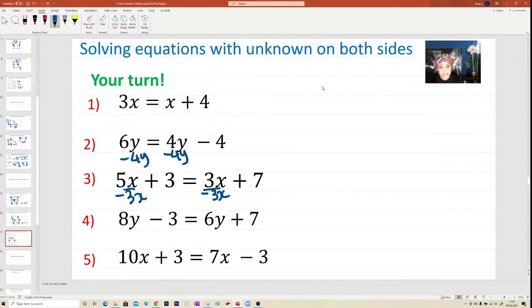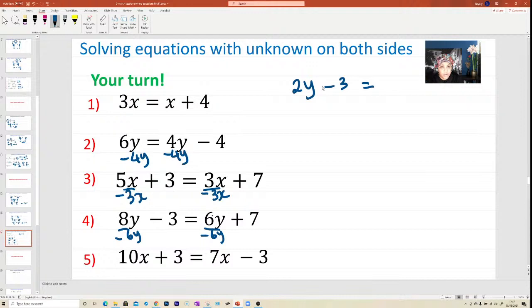Okay, so then again, we look at the unknown. We got 8y and 6y. 6y is the smaller one, so we're going to get rid of the 6y. So take away 6y because it is a positive number. We do the opposite. So take away 6y here. All right, so 8 take away 6 is going to give you 2y. And then we have take away 3 equals 6y take away 6y, 0.